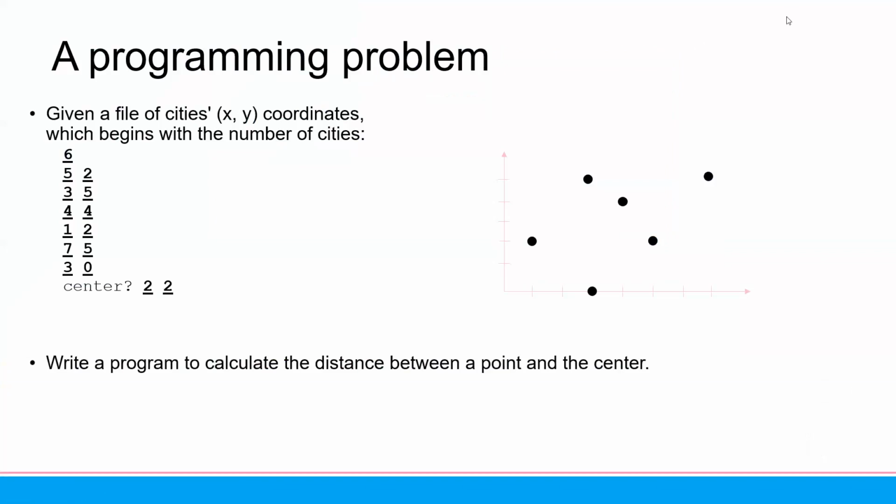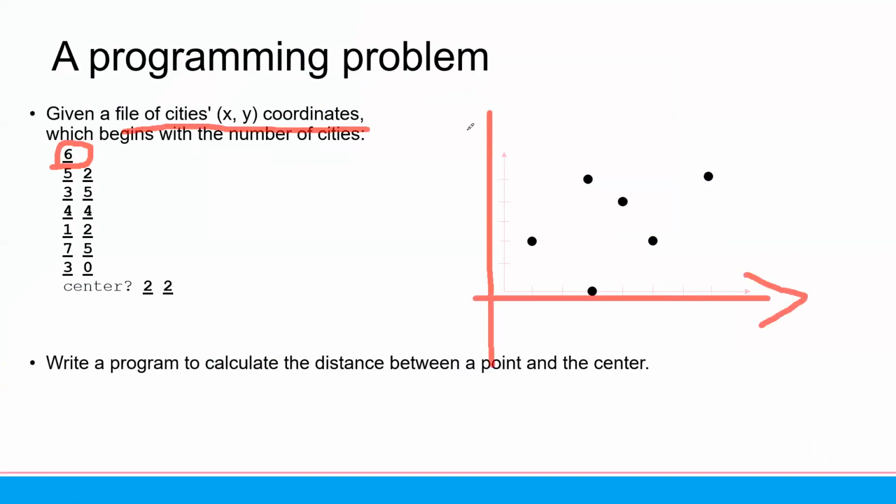Now, I think you still remember one of the questions that I gave to you about cities or the coordinates. So let's say I have 6 points. So this is X, this is Y. And I want to have 6 points.